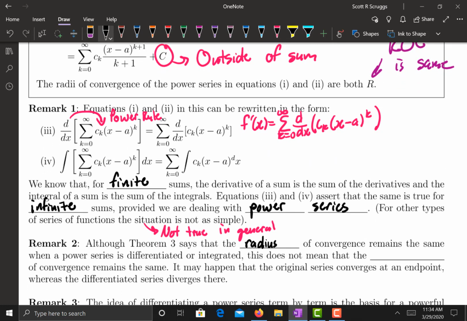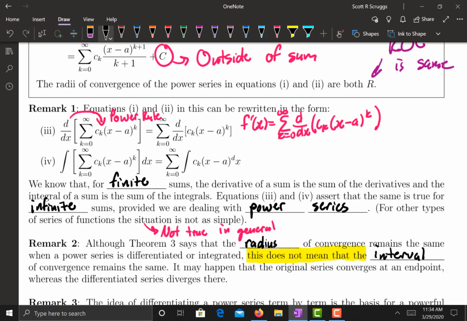But keep in mind that I did not mention that the interval of convergence is the same. And the reason why is that's not true in general. Just because the radius of convergence is the same does not mean that the interval of convergence remained the same.